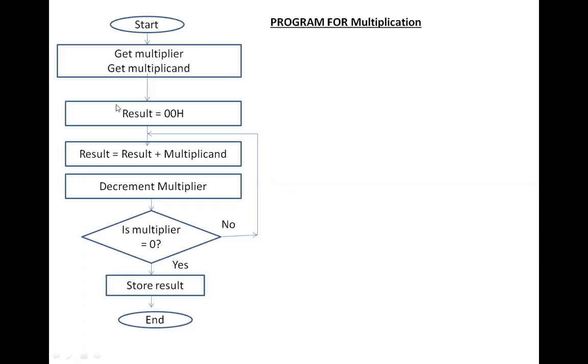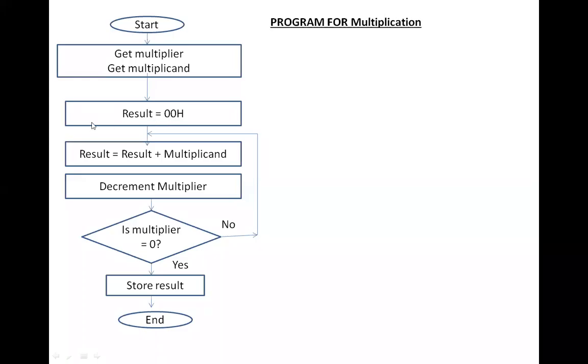In the very beginning, when we have not started the successive addition, we have to initialize that particular register with 00, because before multiplying the multiplicand by the multiplier, it is necessary to initialize the register in which we are going to store the result.